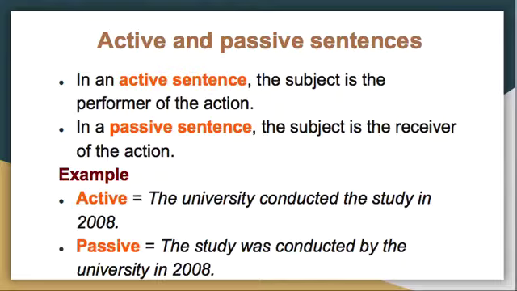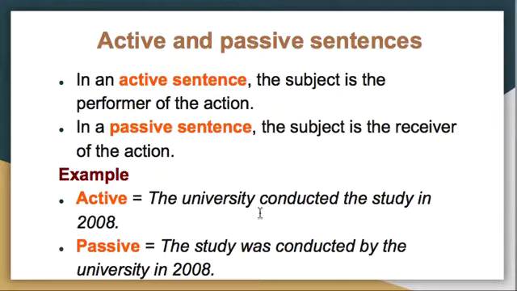For example, "The university conducted the study in 2008." In that, the university is the subject. It is performing the action of conducting the study. So in the active example sentence, the focus is on the university that conducted the study.